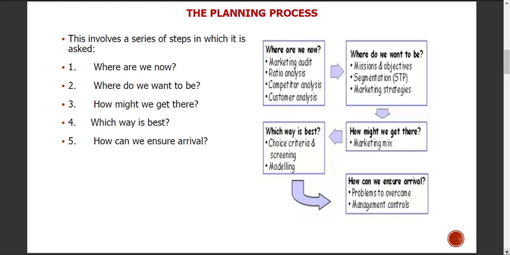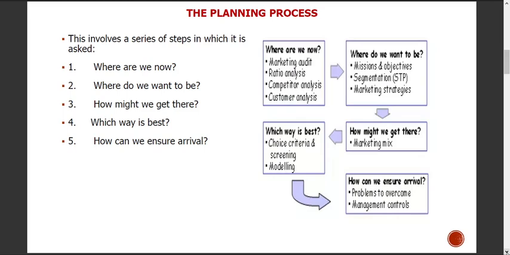Then the second step is where you want to be. After analyzing your current situation, you also prospect the future, or where you want your business to be. So here you set missions and objectives. Then you also do a market segmentation. What nature of the market do you want to serve?